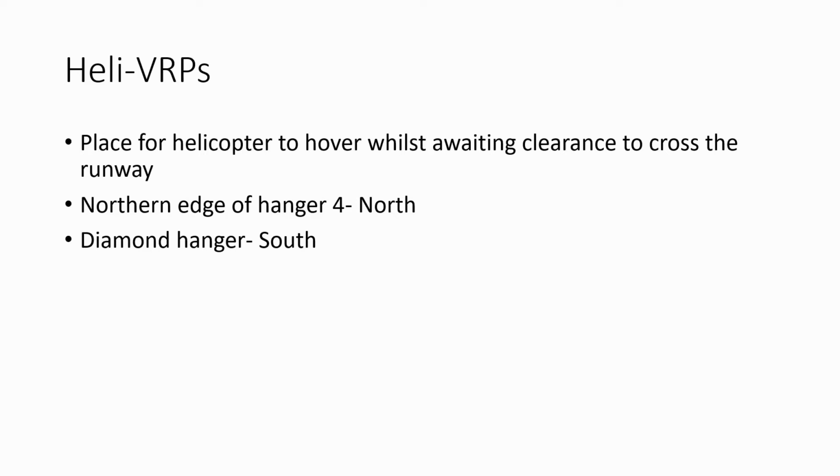North of runway 22/04, the visual reference point is the northern edge of hangar 4. And for the south side, it's the diamond hangar. These are important because you can just instruct them to hover around that VRP, and they will do. It makes your life easier to cross them around the runway.